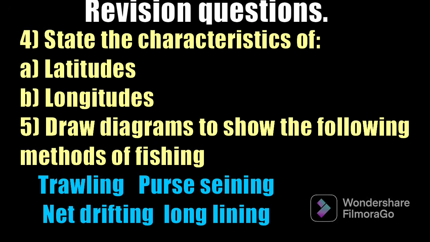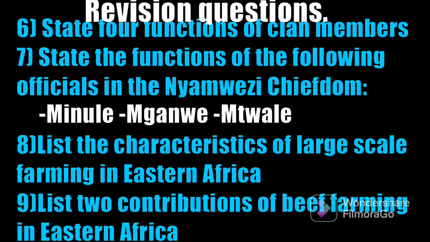Question number 4. State the characteristics of latitudes and longitudes. Number 5. Draw diagrams showing the following methods of fishing. 1. Trolling. 2. Purse seining. 3. Net drifting. Number 6. State 4 functions of clan members. Number 7.